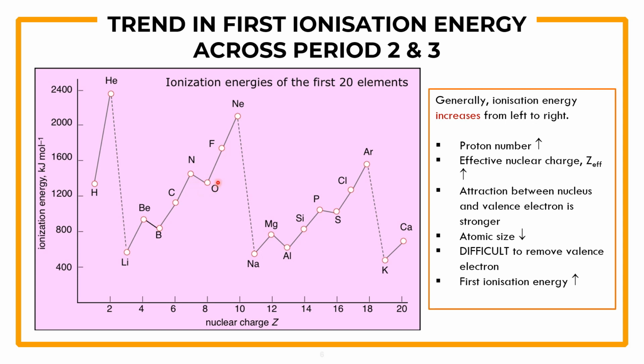But then now, why does the ionization energy of the oxygen here is smaller than the nitrogen? And also we will see the same trend in period 3 between magnesium and aluminium and also between phosphorus and sulfur. So in this video, we are going to discuss regarding these abnormalities or exceptions in the first ionization energy across period 2 and 3.